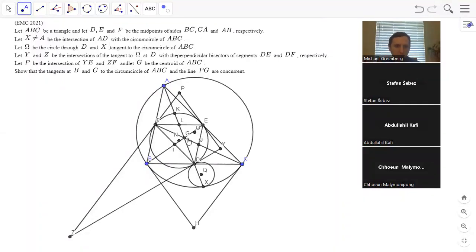It takes DEFK. So it's kind of the same as showing there's a circle through L and K that's tangent at K here.